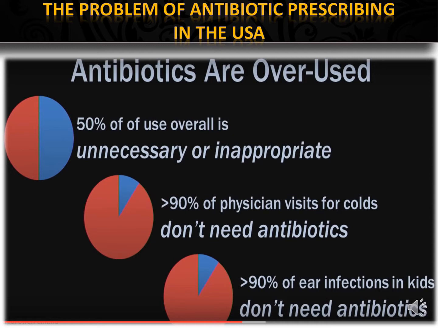When our patient has a cold, they use antibiotics they don't need, or, more often, with ear infection in children. And you see that more than 90% don't need antibiotics, but our patients use these antibiotics.